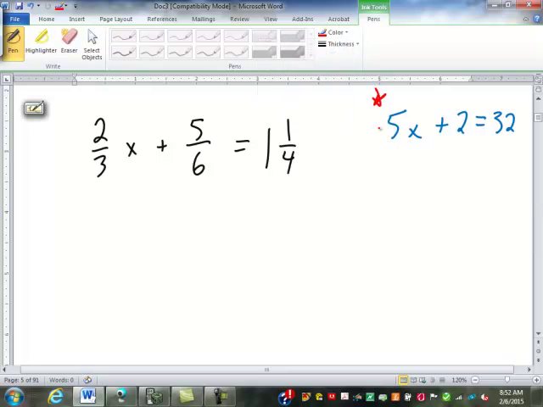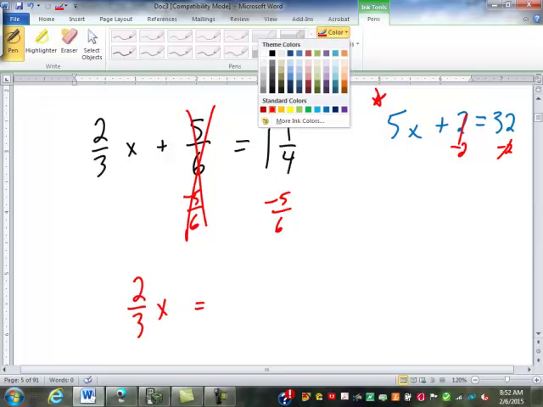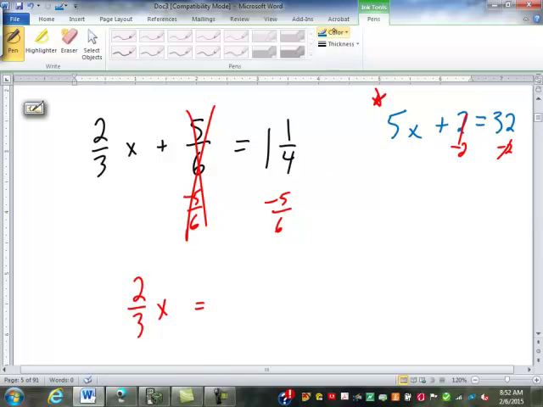On this equation, where would we start? We would subtract the 2, right? So same thing over here, we're going to subtract the 5/6. So that's gone over here, leaving us with just the 2/3 x. Over here, 1 and 1/4 minus 5/6, we need a common denominator, which will be 12. 4 times 3 makes 12, so 1 times 3 is 3.